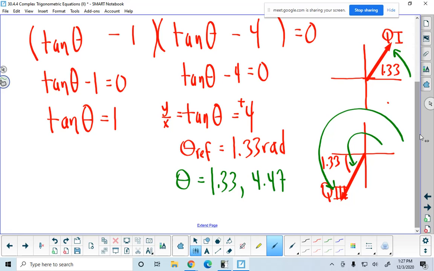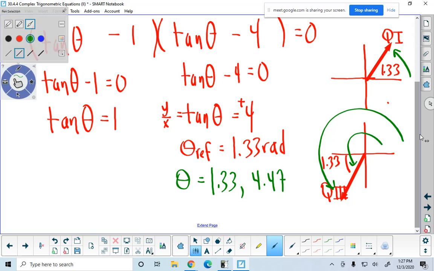Now what about this one? I would like everybody to find a reference angle for tangent of theta equals 1. That means you're going to go inverse tan of 1.